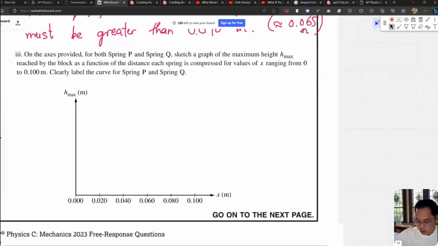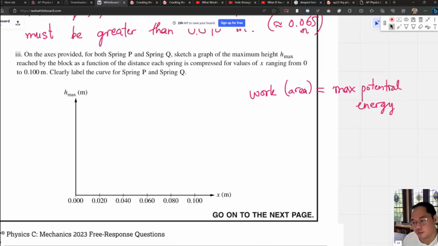Okay. The work done by the elastic force, meaning the area, is equal to the max potential energy. And the work here is calculated by the integral of the force. It depends on both cases.